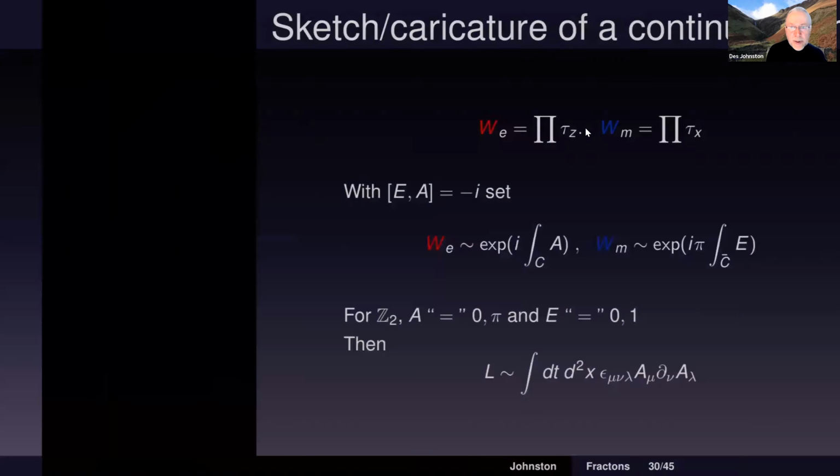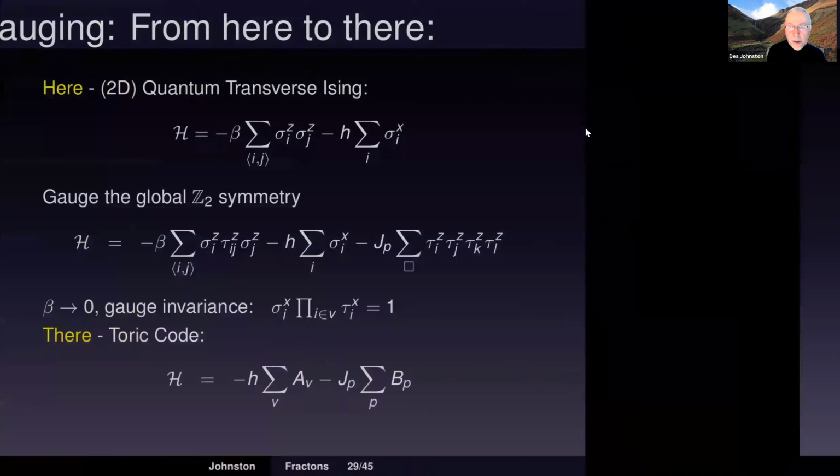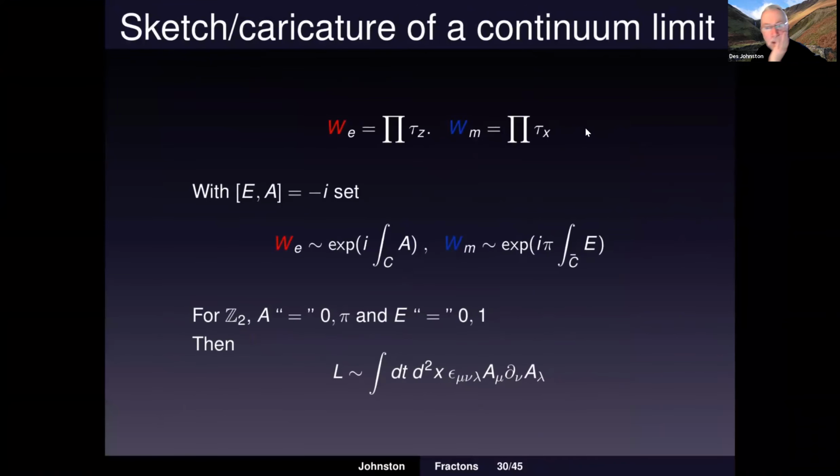If I was playing with the toric code, these are Z2 gauge fields, the A's. The usual way people think about a Z2 toric code is they start thinking about a U1 one to start with. In that case, your fields would be an E and an A, and the A would be going between 0 and 2 pi, and the E would be any integer value.